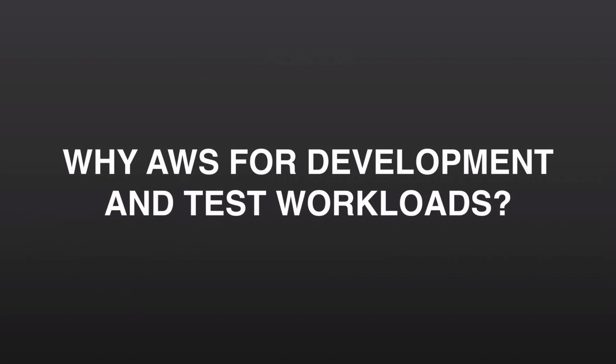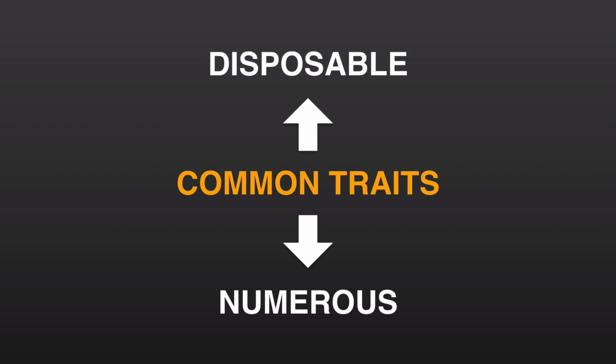So why AWS for development and test workloads? And answering that question, it's worthwhile just focusing on a couple of the common traits of development and test infrastructure. The fact that you're quite often working with projects that are short-term in nature and lead to the creation of infrastructure which often needs to be disposed of when your project has scaled down or even completely concluded.